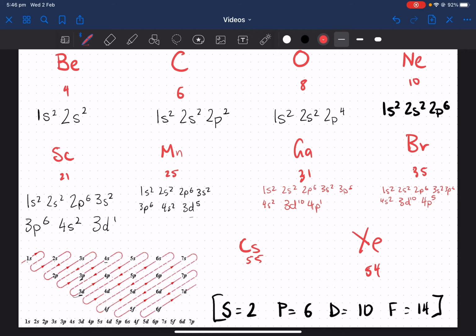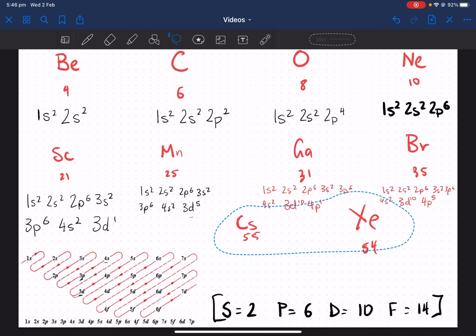All right, this is where we get to the long examples. So you can see at this stage, it could be very, very handy to be able to just write in brackets something and then only have to be doing the last 1 or 2. All right, so same thing as we just did with bromine, but we're going to add another 20 on top of that.